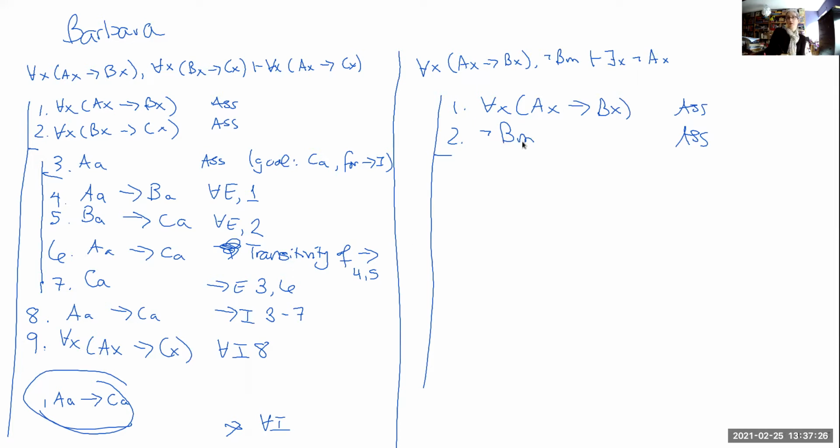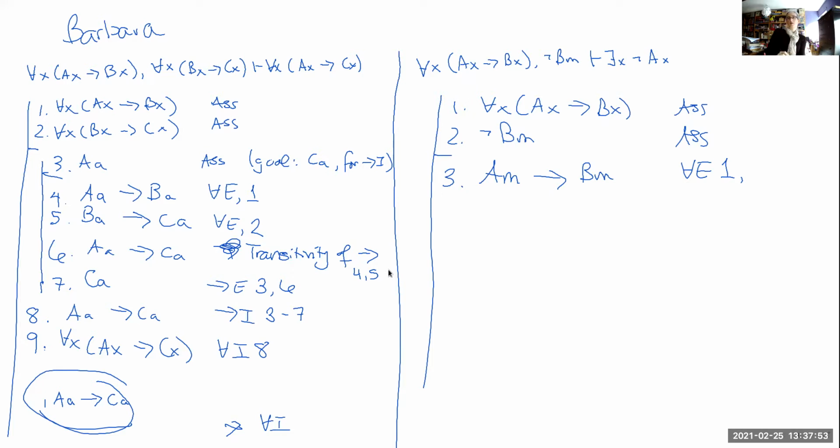So we've got this constant M in line 2. What's the reflexive thing that you should always do if you see a constant and a universal statement? Universal elimination. You know that AM implies BM. Now we are looking for something that involves the negation of some A claim.